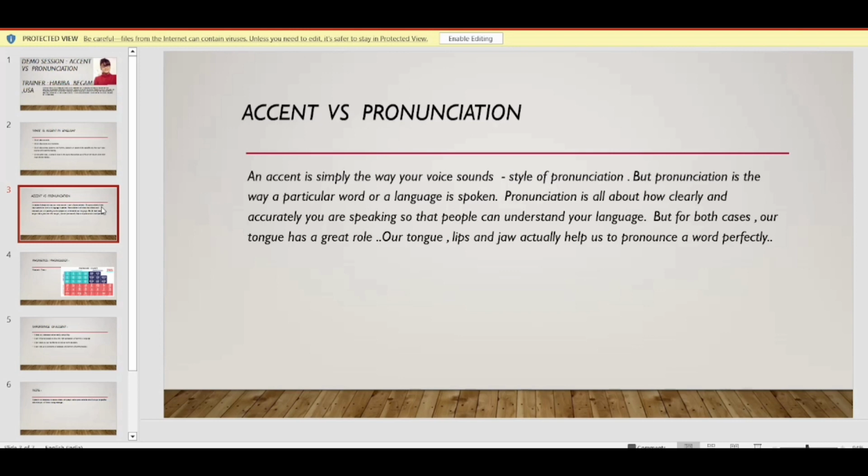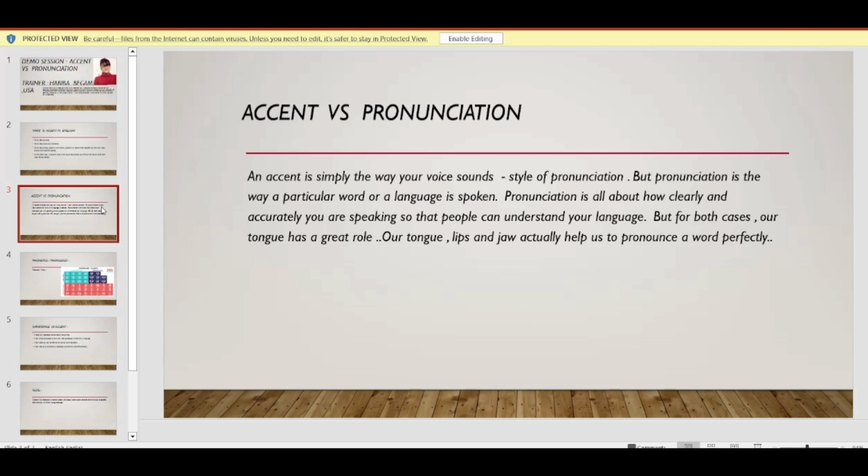But if we mispronounce words, then people won't be able to understand our English. So that's why it's very important to improve our pronunciation. Pronunciation is all about how clearly and accurately you are speaking so that people can understand your language. But for both cases, our tongue has a great role. Our tongue, lips, and jaw actually help us to pronounce a word perfectly or appropriately.